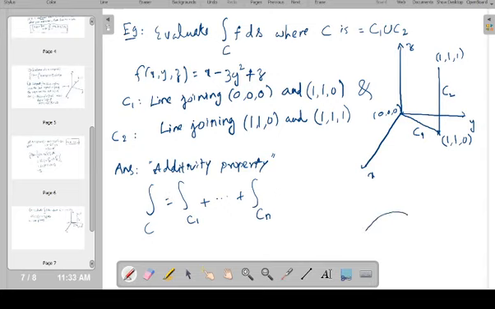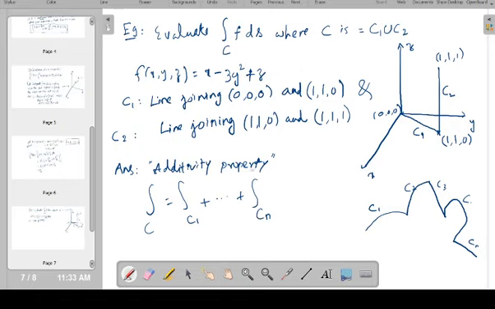So this is C1, this is C2, this is C3, this is C4, etc. This is Cn, like that. And C is the union of all this. The end point of C1 is the initial point of C2, and so on. If that happens, integral over C equal to integral over C1 plus etc. plus integral over Cn.